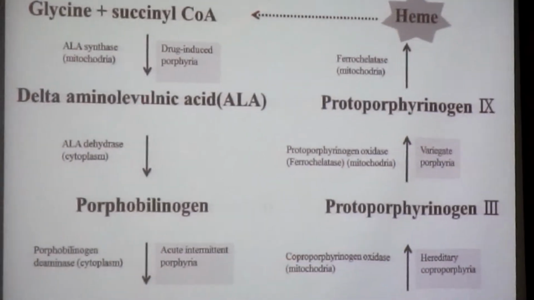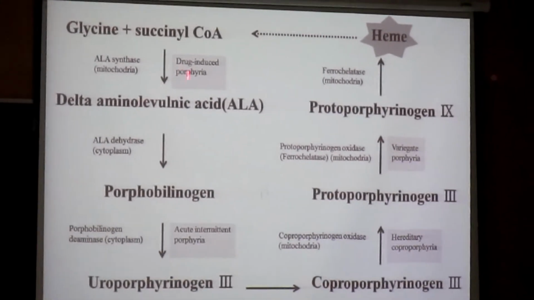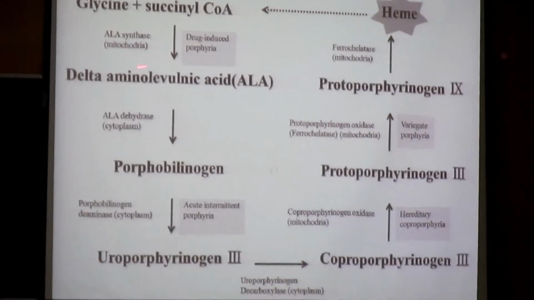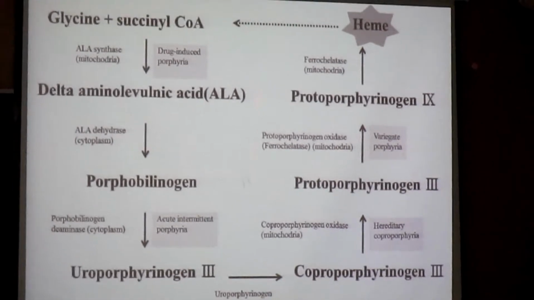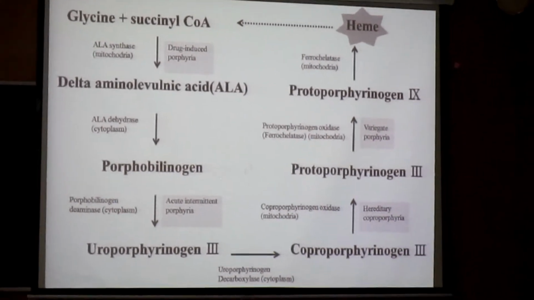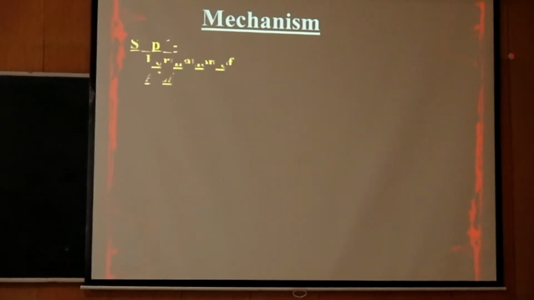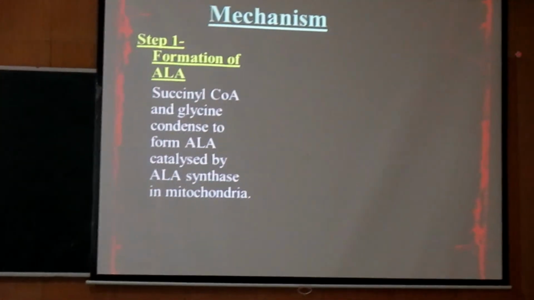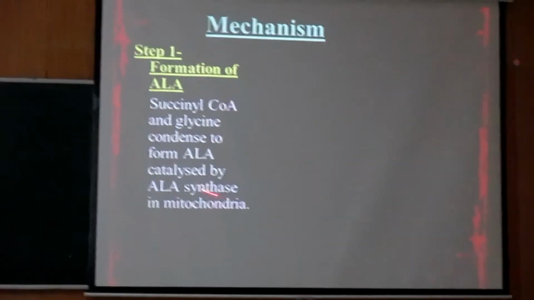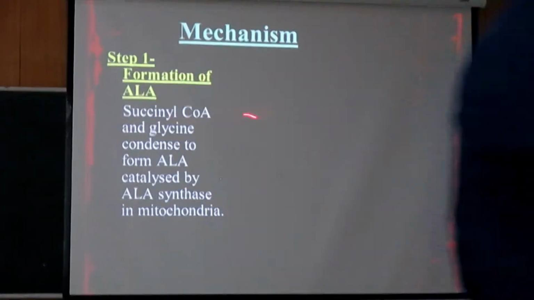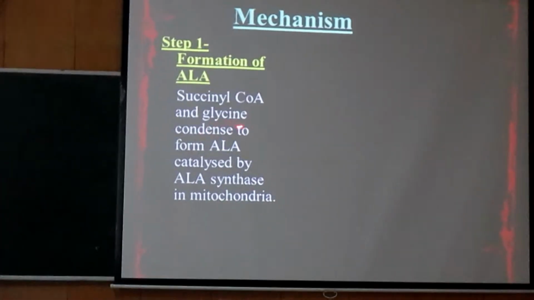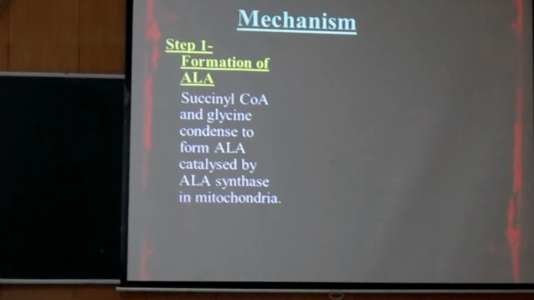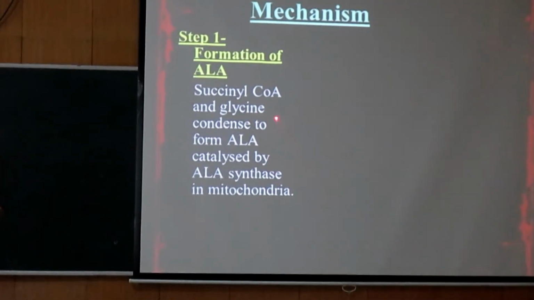This is a brief schematic representation of heme synthesis, where glycine reacts with succinate to form compounds leading to the synthesis of heme. There are nine steps in heme synthesis. Coming to the first step, the formation of ALA. The activated form of succinate, that is succinyl CoA, reacts with glycine, which is activated in the presence of the coenzyme PLP.